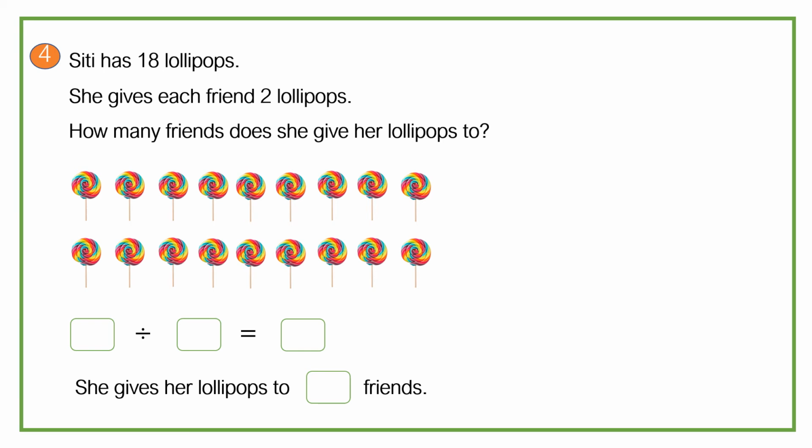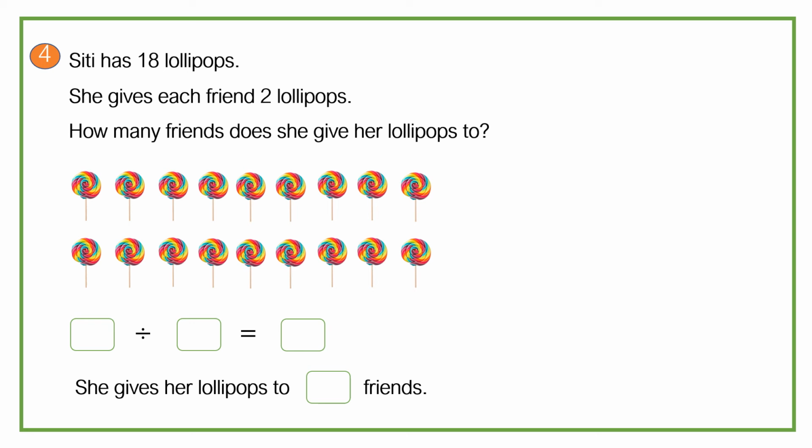Now we look at the final example. Siti has 18 lollipops. She gives each friend 2 lollipops. How many friends does she give her lollipops to?